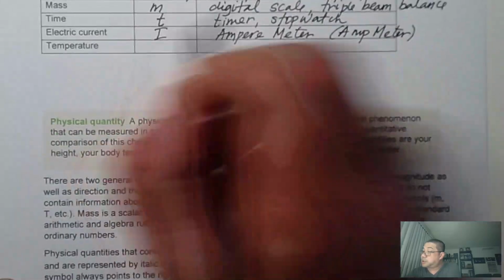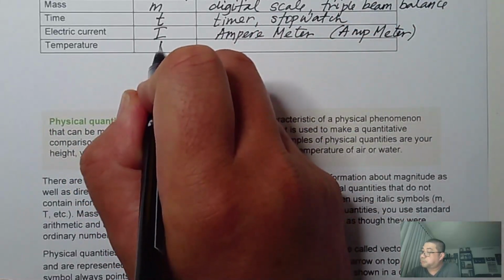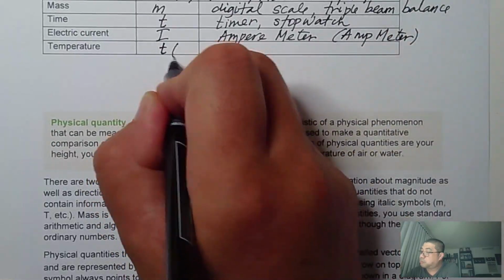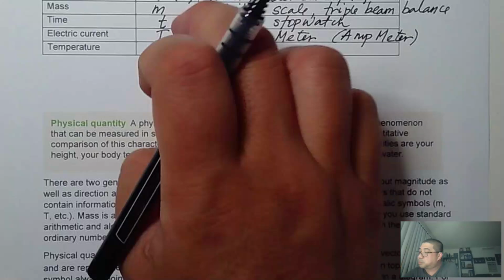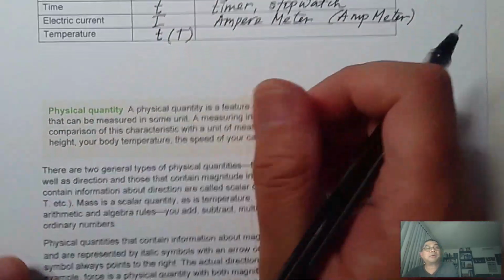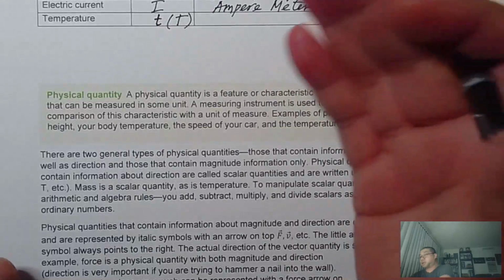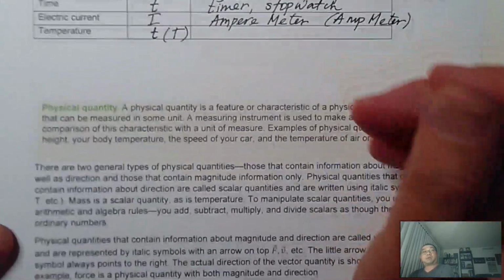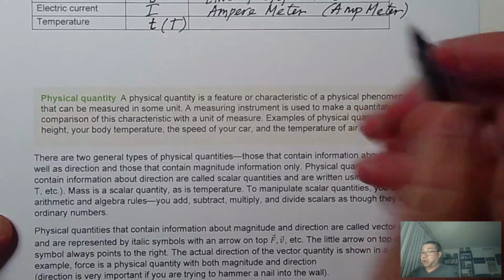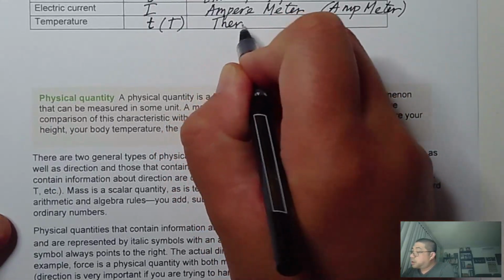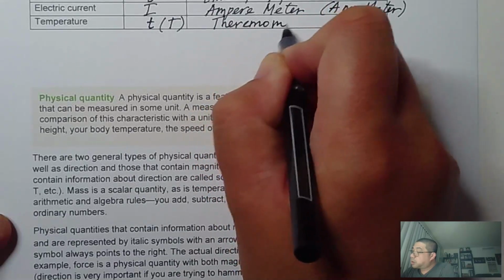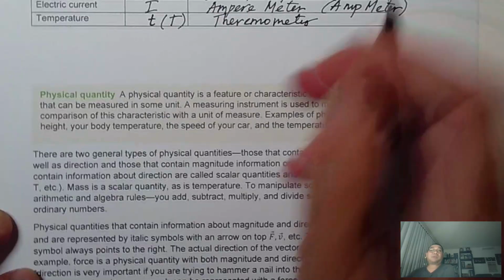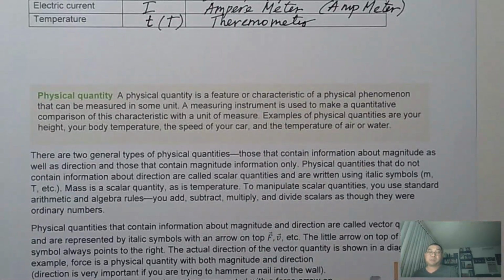Last but not least is your temperature, T. Make sure that you know that when you're talking about temperature, the symbol is also the same as time, but this time we're talking about temperature. So we have the thermometer. Some people pronounce it differently, and I would say that's acceptable.